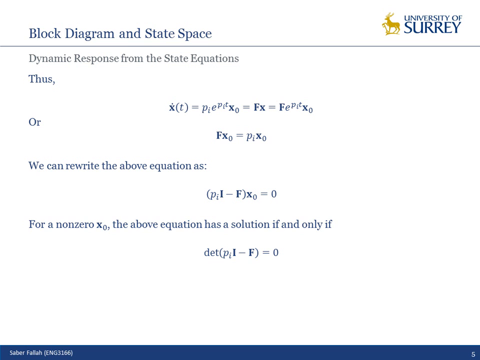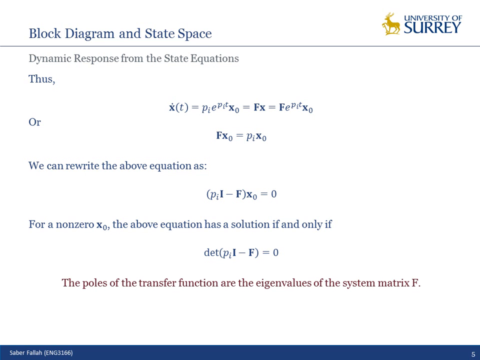What will be the next question? The zeros of the system. What will be the zeros of the system if the matrix is given? To calculate the zeros, we need to follow the same approach, but it is a little more complicated.